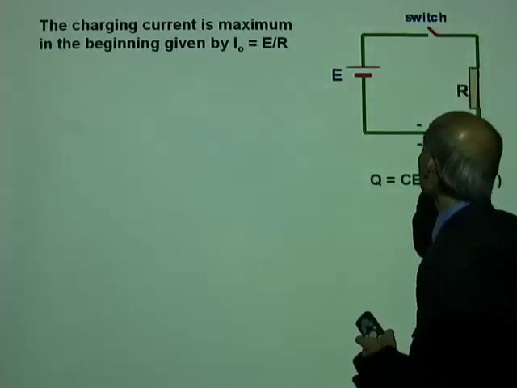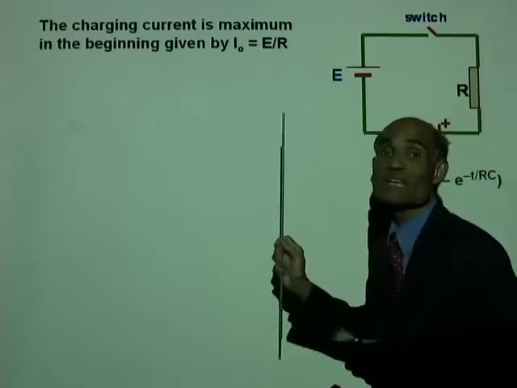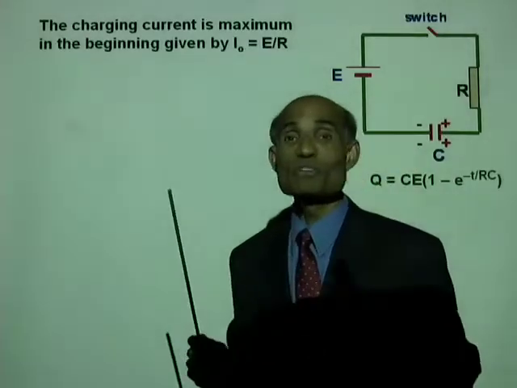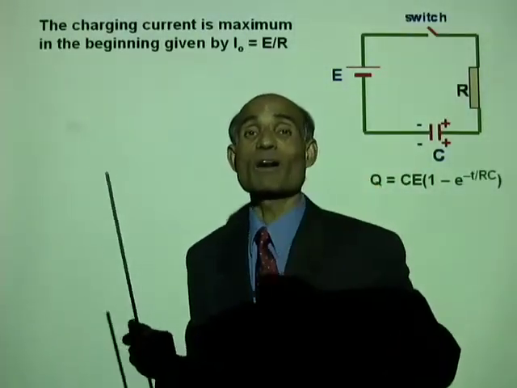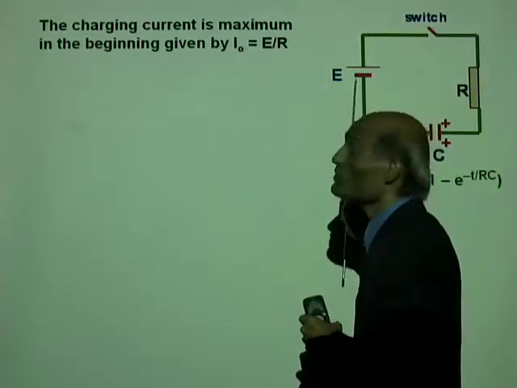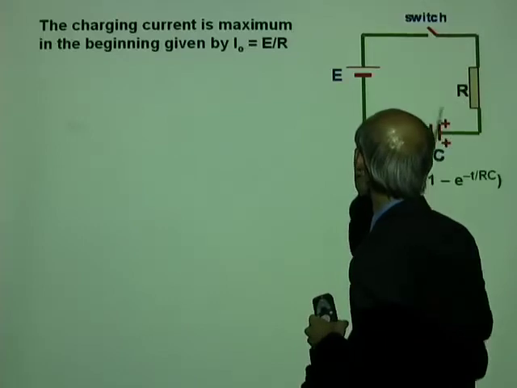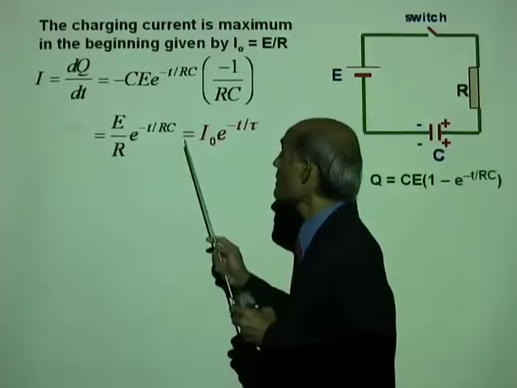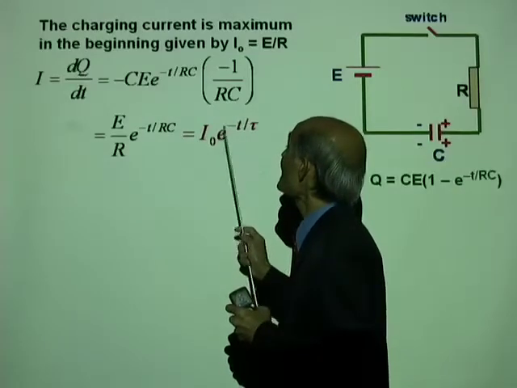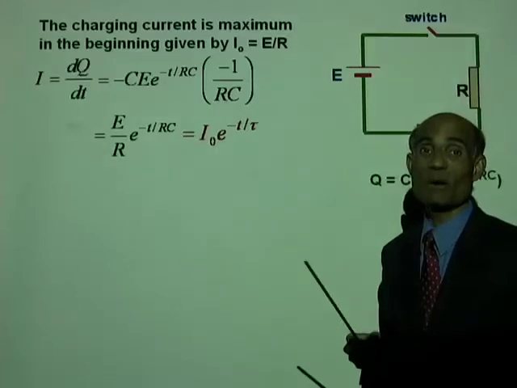Well, the maximum current in this resistor will be I0 equals E over R. We use Ohm's law, I equals V over R, and V in this case equals the EMF of the cell. So the current in the resistor becomes I0 e to the power negative t over tau.